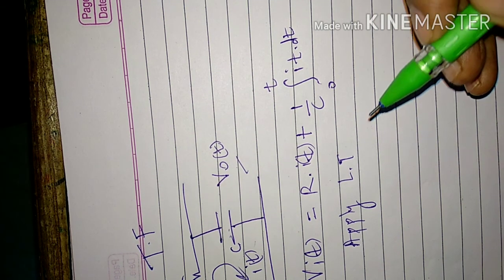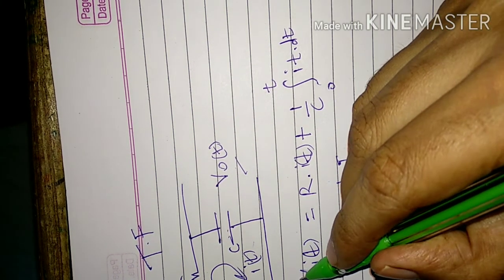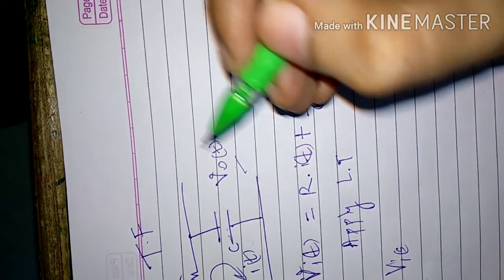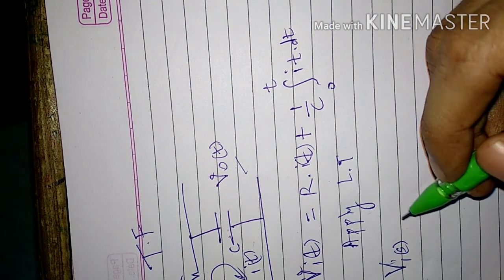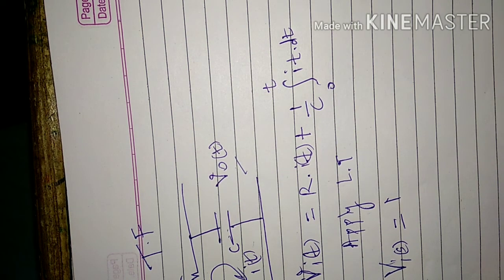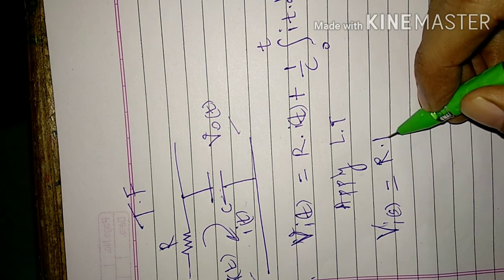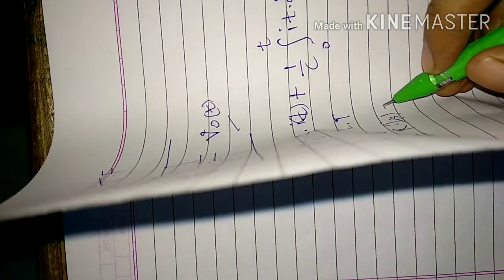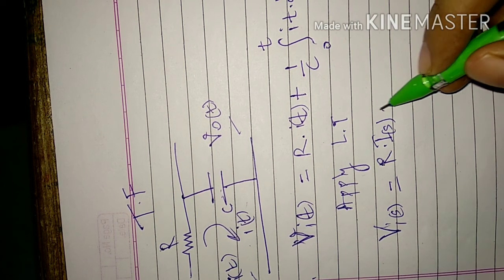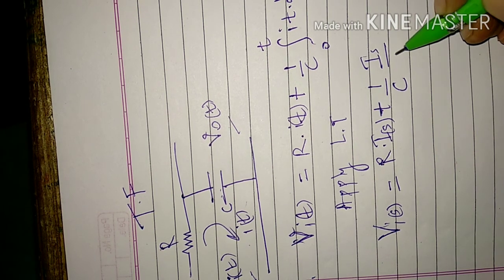Laplace transform. This LT is Laplace transform. Therefore v_i(t), this is small v, so capital will become capital V. V_i(s) equals R multiplied by I(s) plus 1 by C times I(s) upon s.